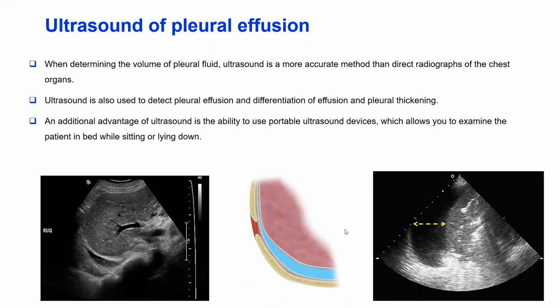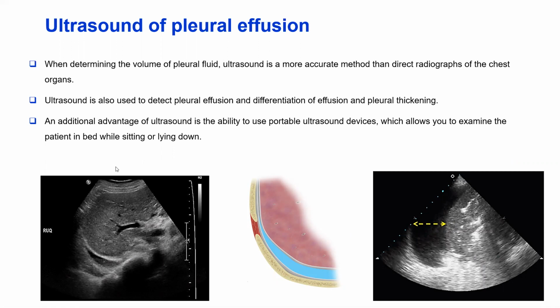Ultrasound scanning is a very helpful instrumental test for determining the volume of pleural fluid. Ultrasound is a more accurate method than direct radiograph of the chest organs. Moreover, ultrasound is free of X-ray exposure.